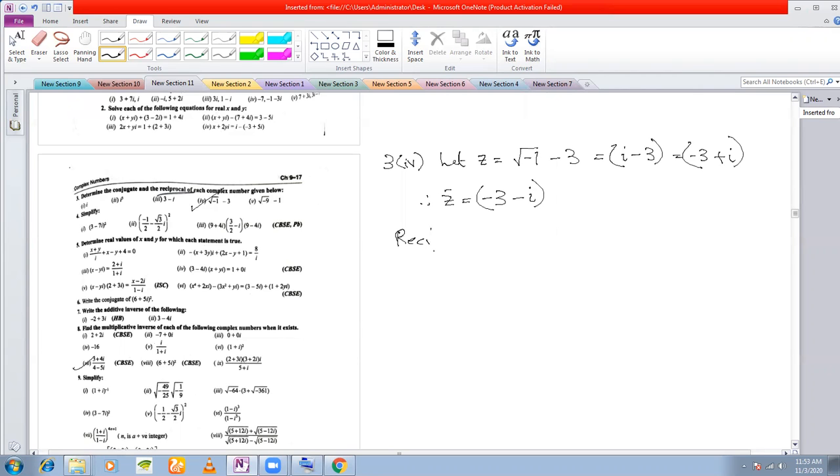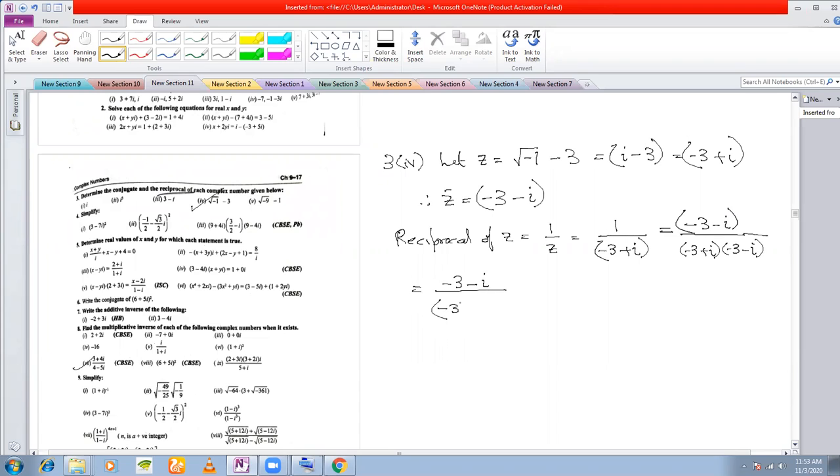Reciprocal of z is 1 by z. And what is 1 by z? 1 by minus 3 plus i. But the question is, we need to write this in such a form that the real part is separate and the imaginary part is separate. So what you do is you multiply numerator and denominator by minus 3 minus i. Okay, so you get minus 3 minus i by minus 3 square minus i square.